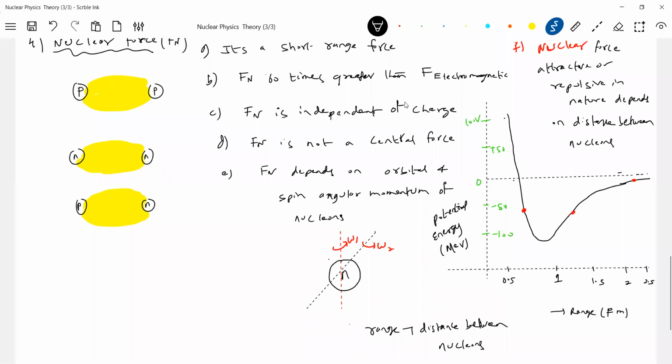To check whether it is conservative or non-conservative, what should we do? For that we need a field idea, a nuclear field idea, and I think we don't have much about the field. So I'll leave this with a question mark.